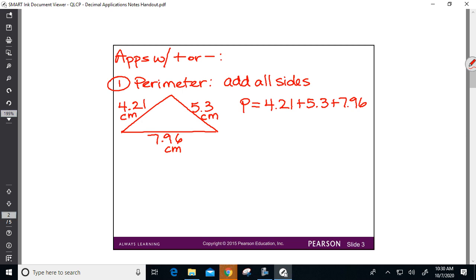So, since it's an addition problem, what you'll do is line all the decimals up. Line all the decimals up and start adding.